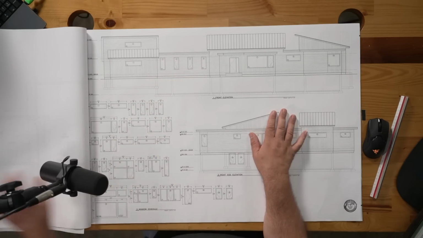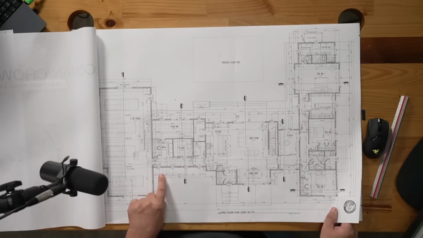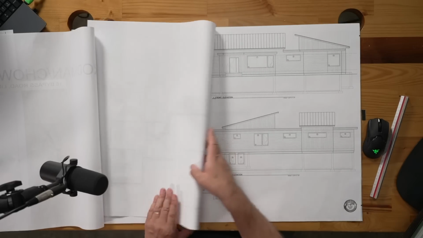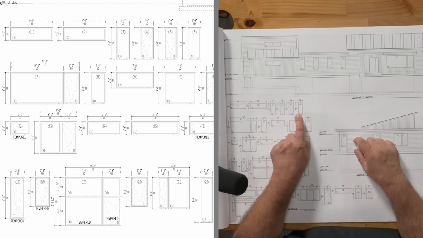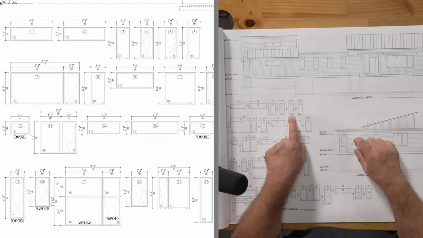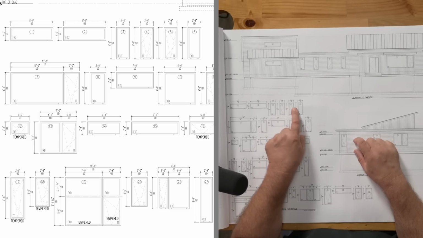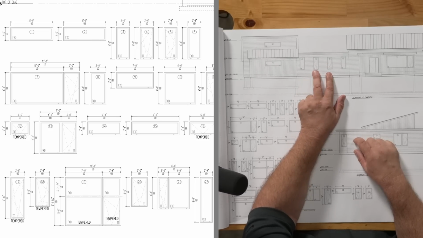If I go back to the floor plan here, you'll notice windows 3, 4, 5, and 6 are tagged there in plan, and they're tagged here in elevation, and then they're given their unit dimension sizes. They're also shown here as a fixed window, a tilt turn, and a fixed, and it shows the direction of operation for each of the sashes that are operable, and you can see that in elevation.